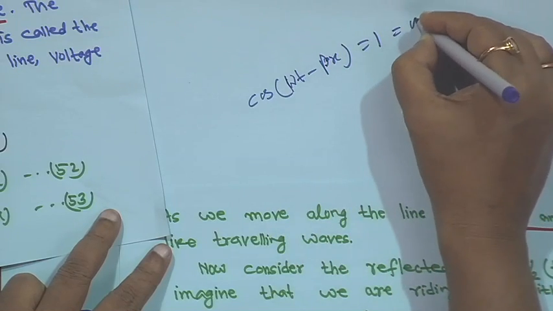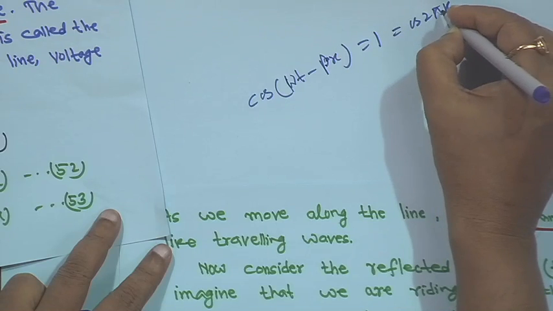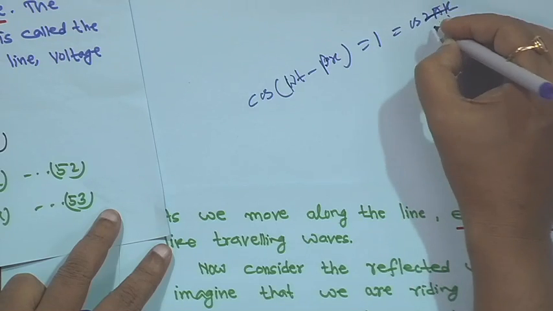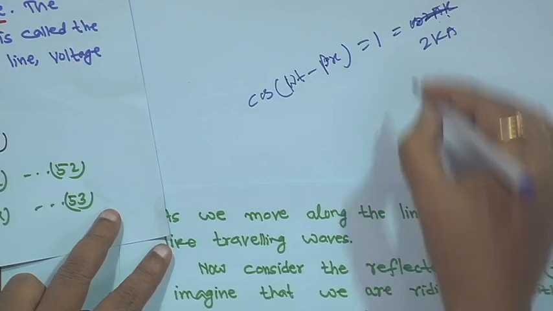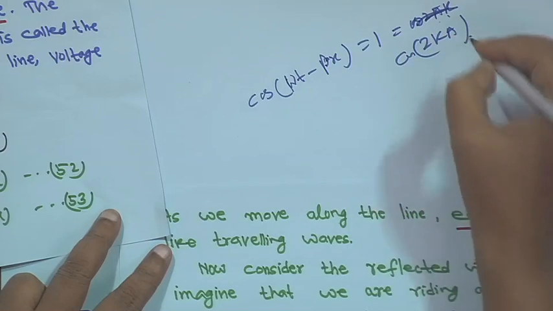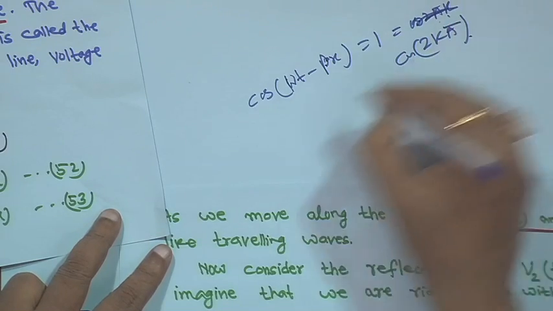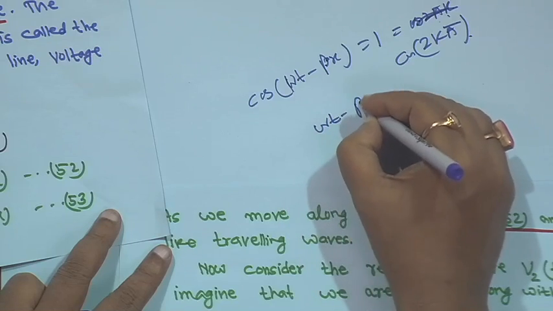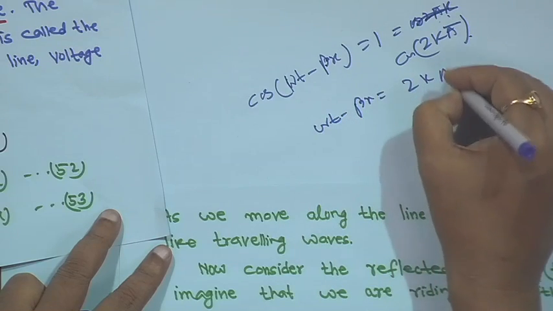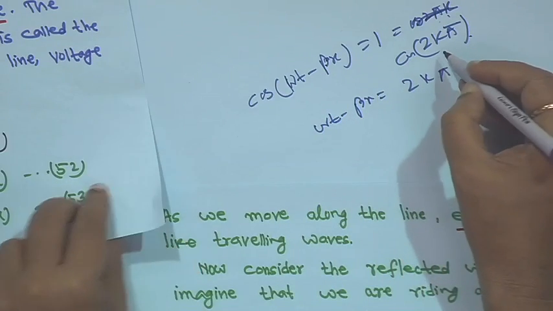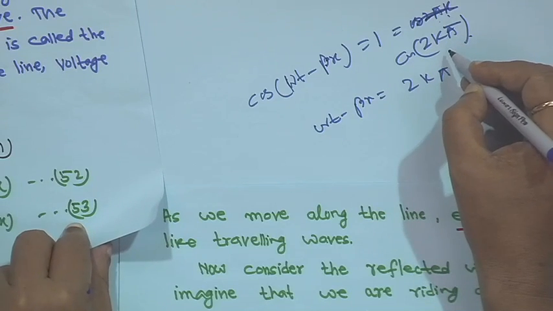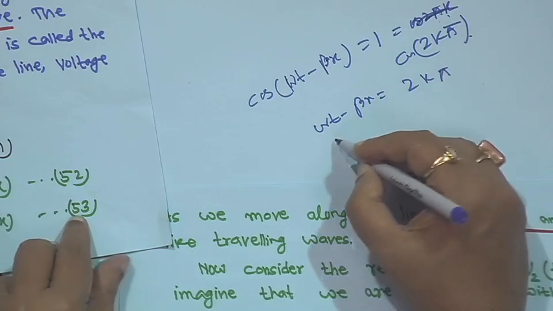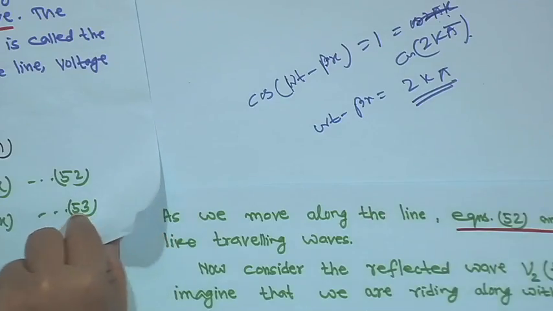That means cosine of omega t minus beta x equals cosine of 2k pi. This is the general thing: if k is equal to 0, cos 0 is 1; if k is equal to 1, cos 2 pi, that is 360 degrees, is also 1, and so on. So, omega t minus beta x will be 2k pi.